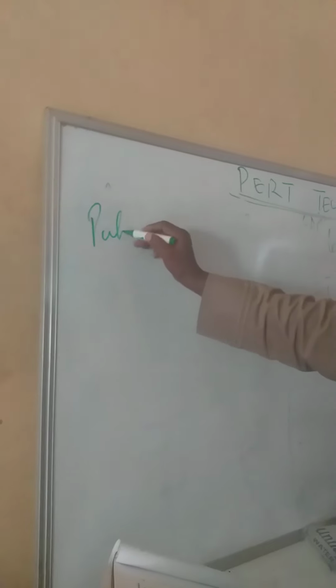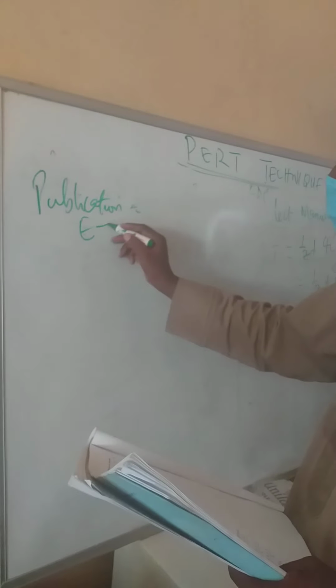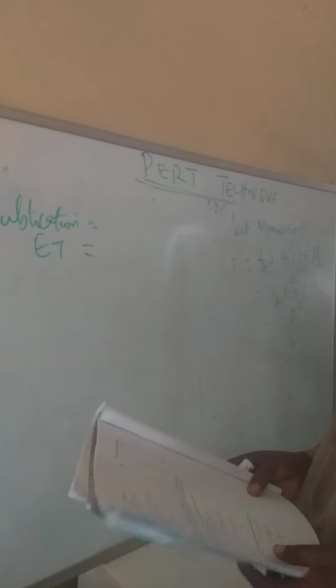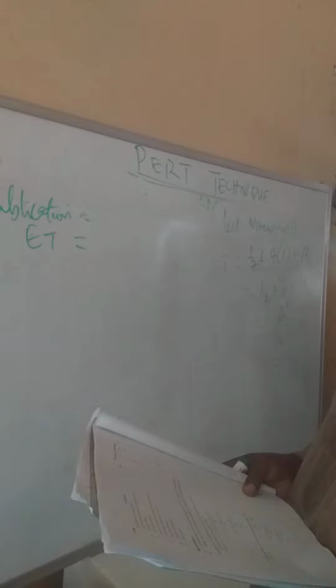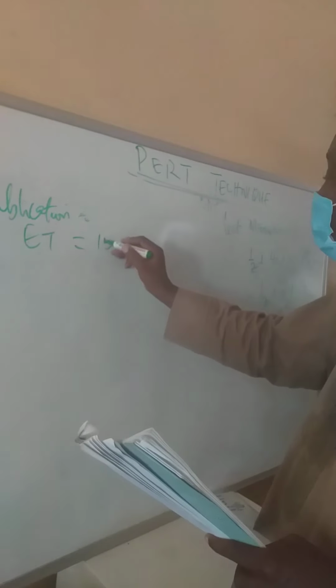So we can say, to work it out, publication. You say ET is, if you look at the OT, the total time for OT is 15. You're going to have 15.